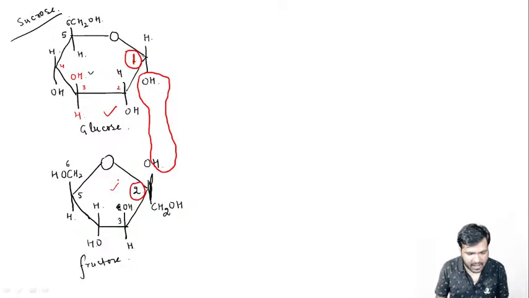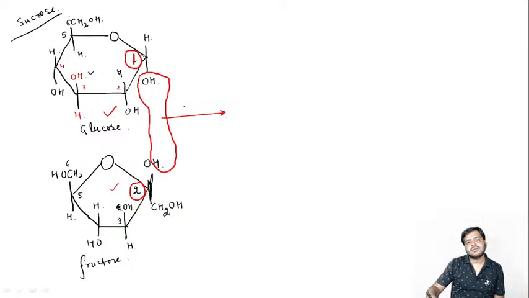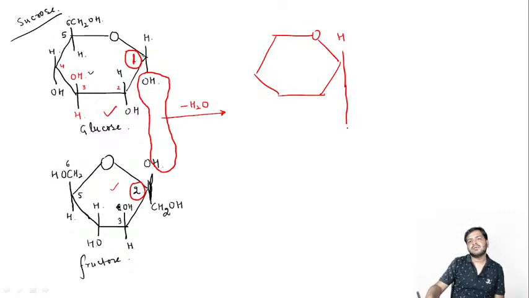So what will happen, as soon as the water molecule gets removed, the same structure is there, and remember it is the H, okay, the same structure, you have to draw it again.